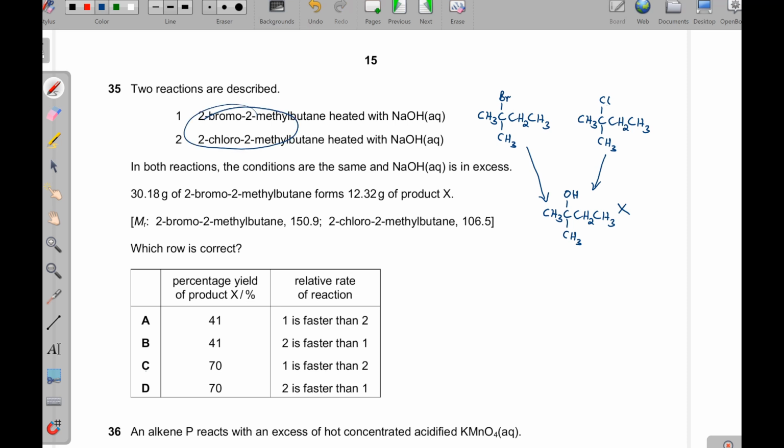these ones here, this bond here, the carbon to bromine bond, is weaker than the carbon to chlorine bond because chlorine is more electronegative compared to carbon. So it tends to pull the bonding electrons towards itself here. So this bond is stronger than this one here, okay?